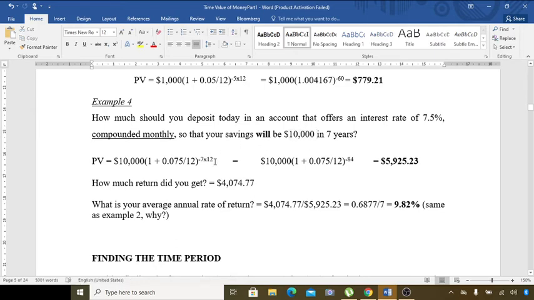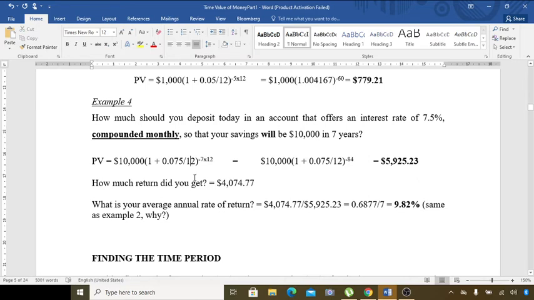In this case, compounded monthly, m is 12, t is 7, and j is 7.5%. So applying this, 10,000 times (1 plus 0.075 divided by 12) to the power of negative 7 times 12. Don't miss out the negative there.